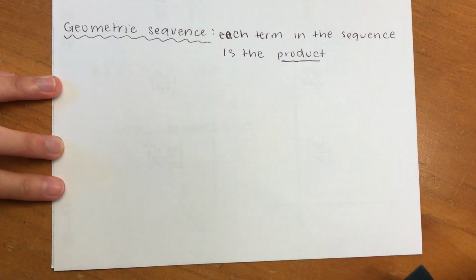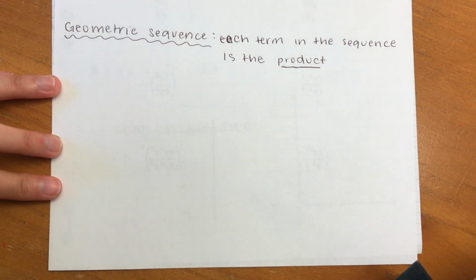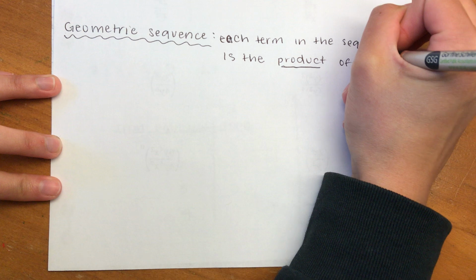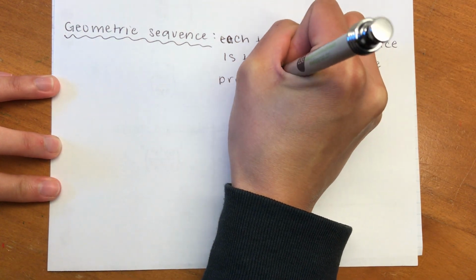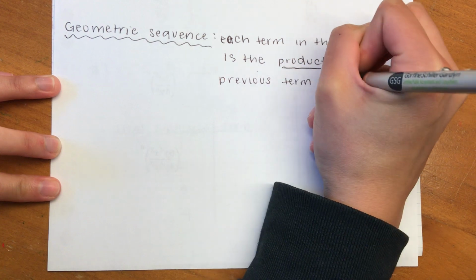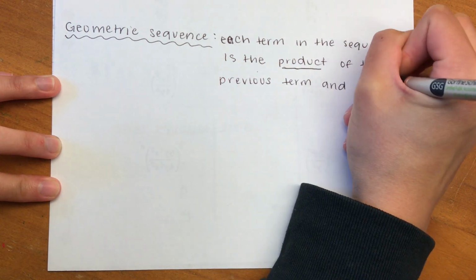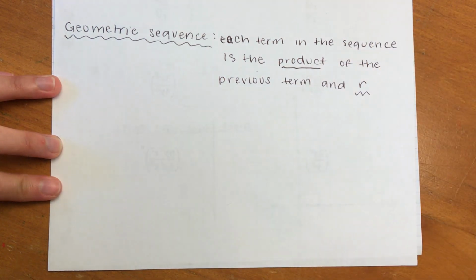And when we have a product, that means we are multiplying, right? So each term in the sequence is the product of the previous term and R. So in this case, instead of D, we have R.